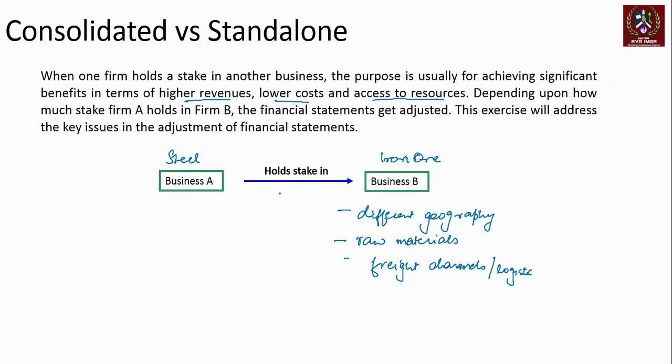Now, once you have a stake in another company, depending on how much stake you have, the financial statements will get adjusted, right? This is where we come to the data around consolidated versus standalone.